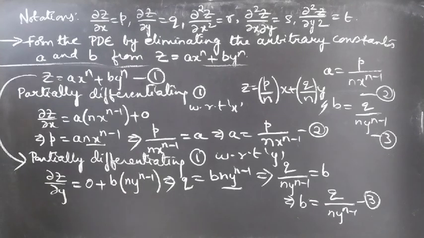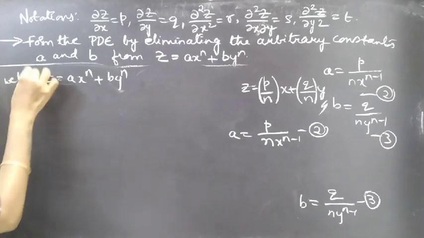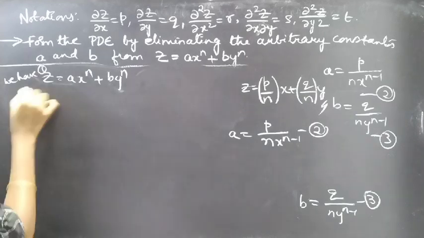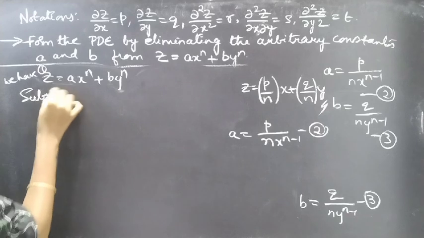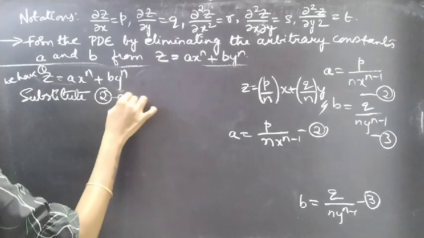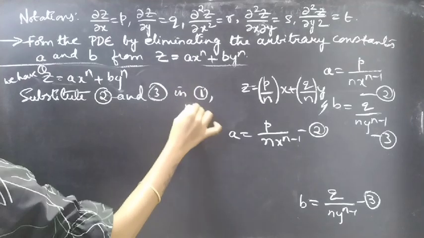Simply we'll substitute 2 and 3 in 1. We have 1, z equal to a into x power n plus b into y power n. Substitute 2 and 3 in 1.